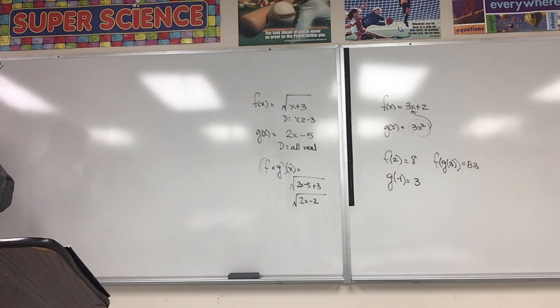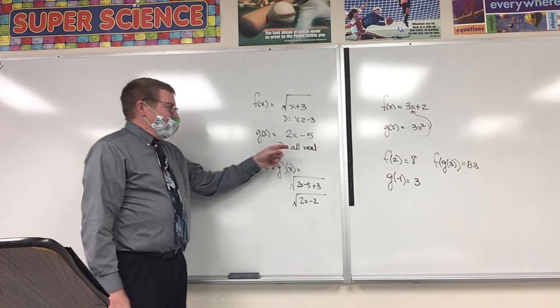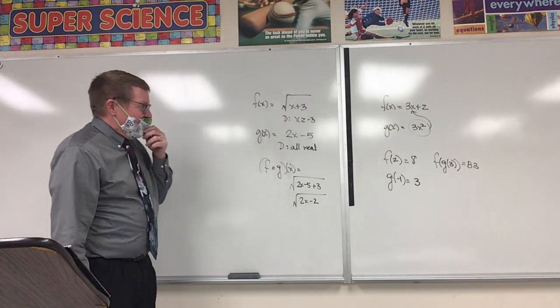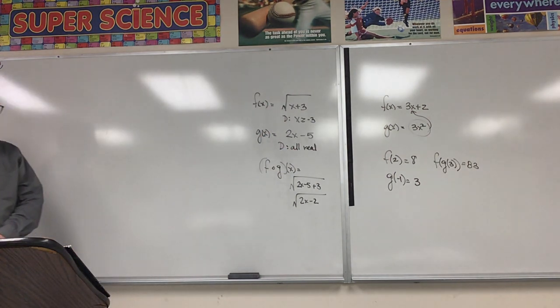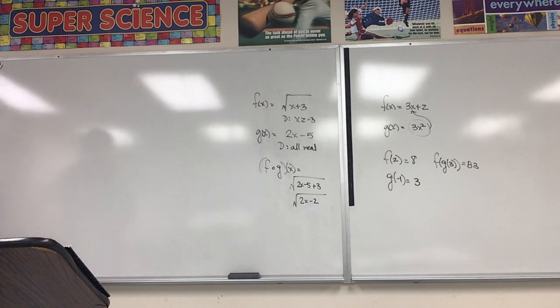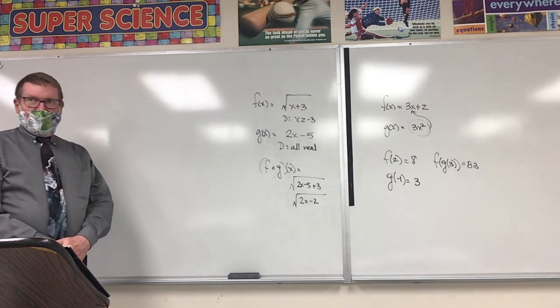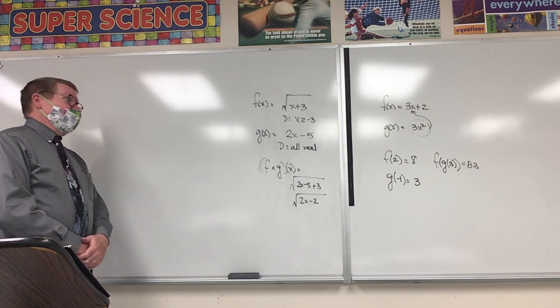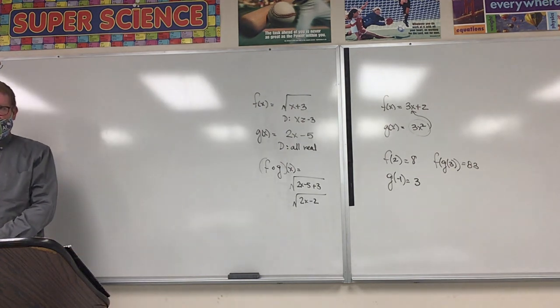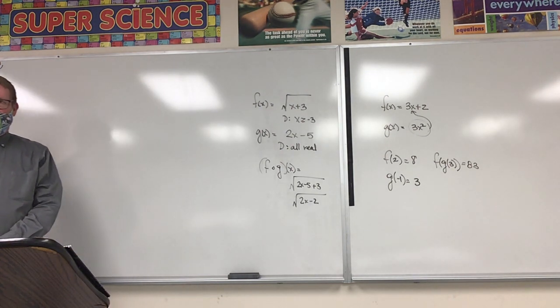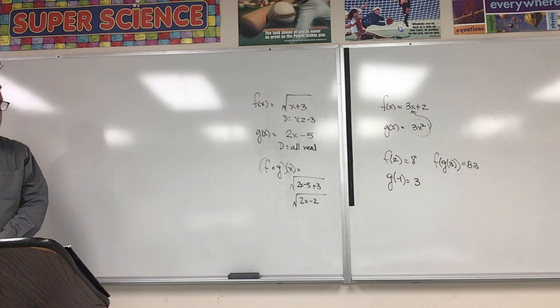The domain part takes some thought. Put g(x) into f(x). What am I allowed to use for g(x)? All real numbers. What kind of answers do I get? All real numbers. Can I use all real numbers in the f(x) function? No. What numbers am I allowed to use? Anything greater than or equal to negative 3.